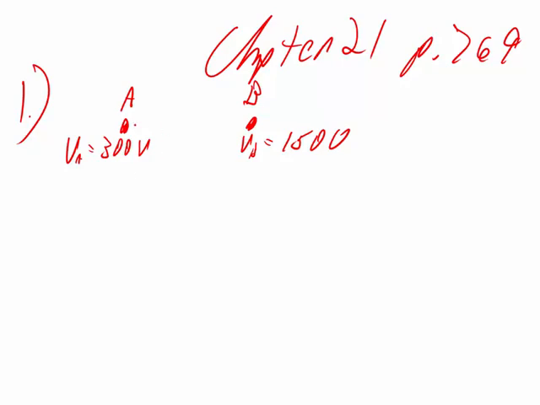To go from here to here takes 4.5 times 10 to the negative 4th joules of work. So we want to know what the value of the charge would be.